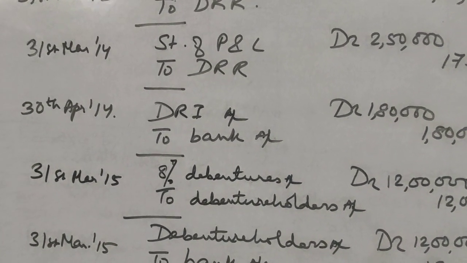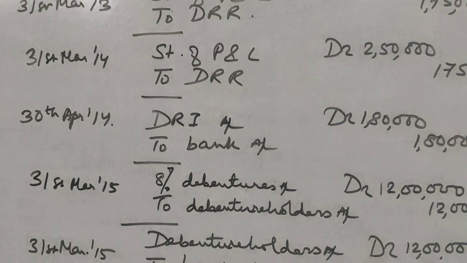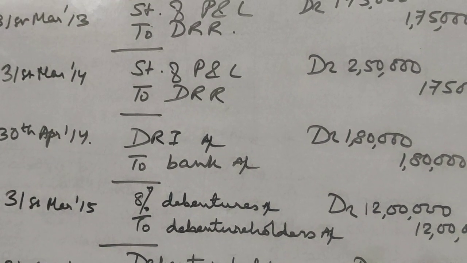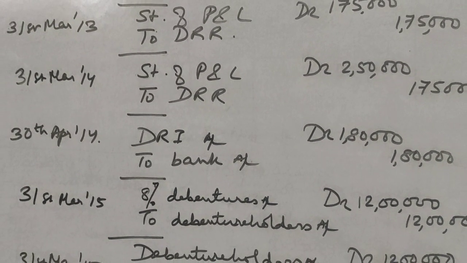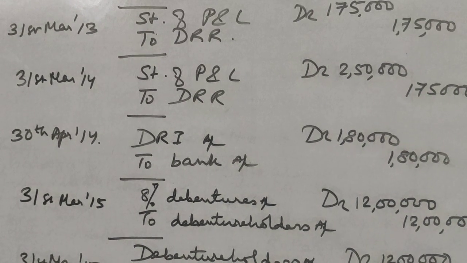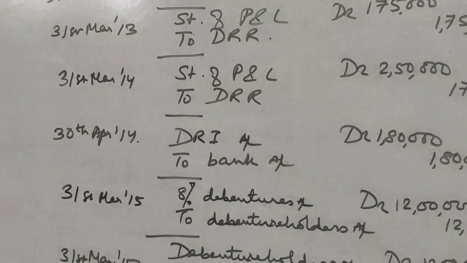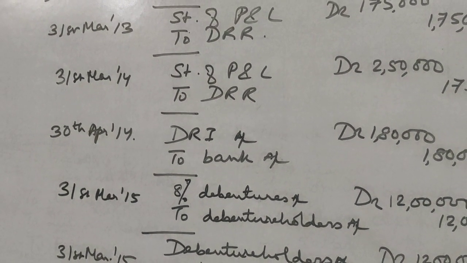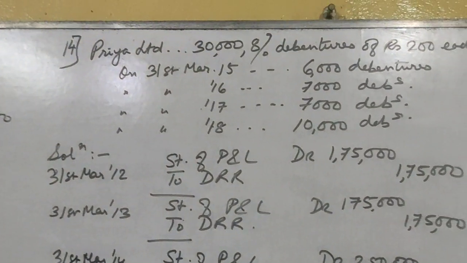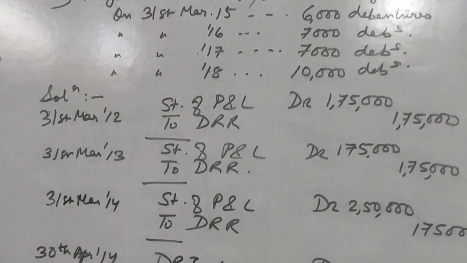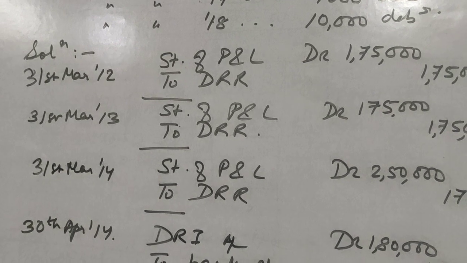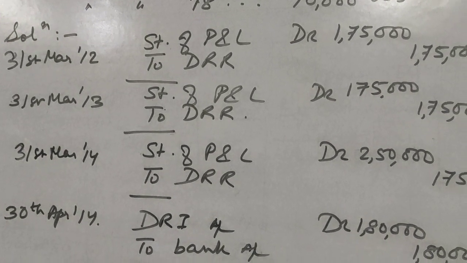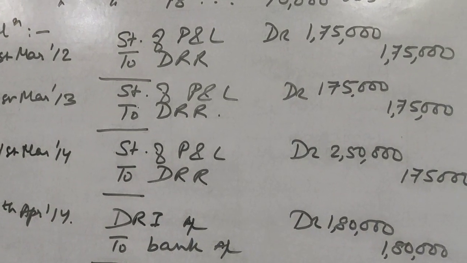Please be careful over here. We are not making debenture redemption investment equal to 15% of the total debentures outstanding, but we are making debenture redemption investment equal to 15% of the value of the debentures to be redeemed. That is 6,000 into 200, that comes to 12 lakh.